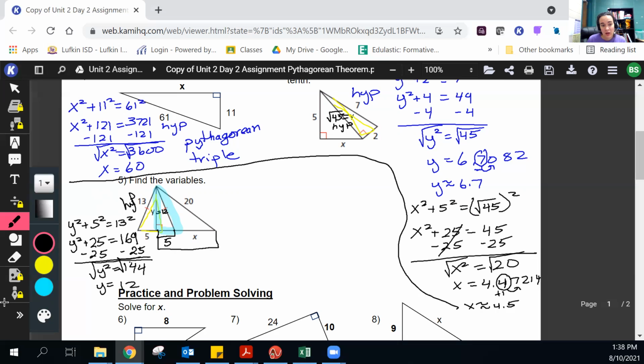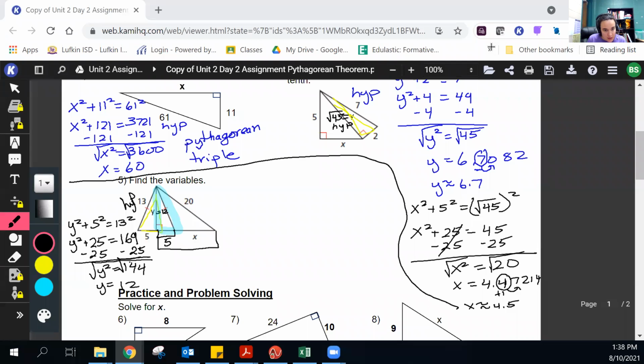But we've got 5 here. So, sorry, x is not this whole length. X is just the length from here to here. It's the base of the rightmost triangle.